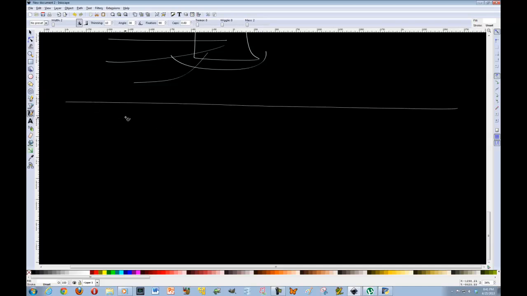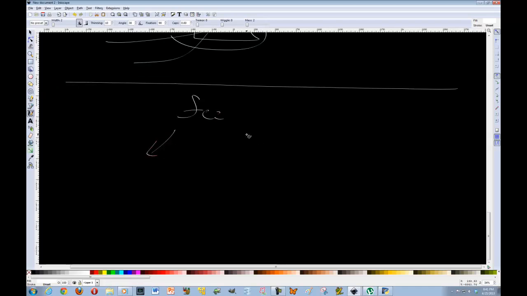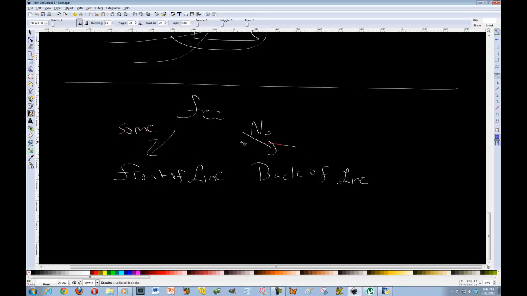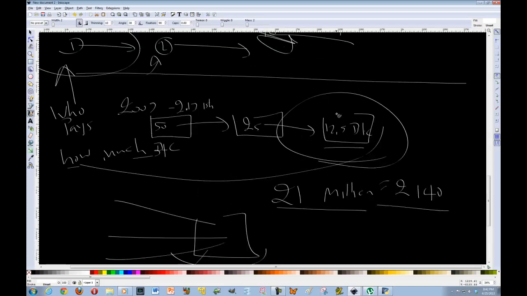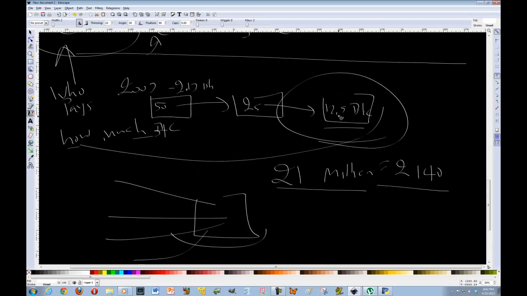To recap, the notion of transaction fee is basically front of line to back of line. It's up to the miner and the software of the miner to decide what they want to process.